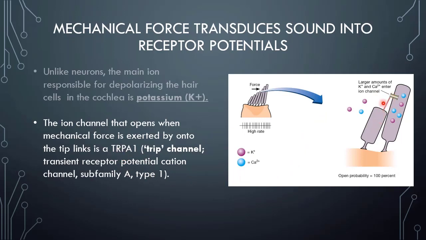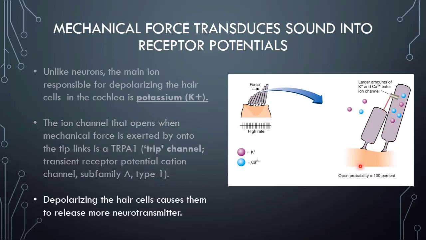So this pulling here kind of opens this trip trap and allows the potassium and calcium to enter. And when that happens, then it depolarizes the hair cell that these cilia are attached to and causes it to release more neurotransmitter, and then of course causes a higher rate of firing in the bipolar cells that are receiving that neurotransmitter, in this case, this glutamate release.